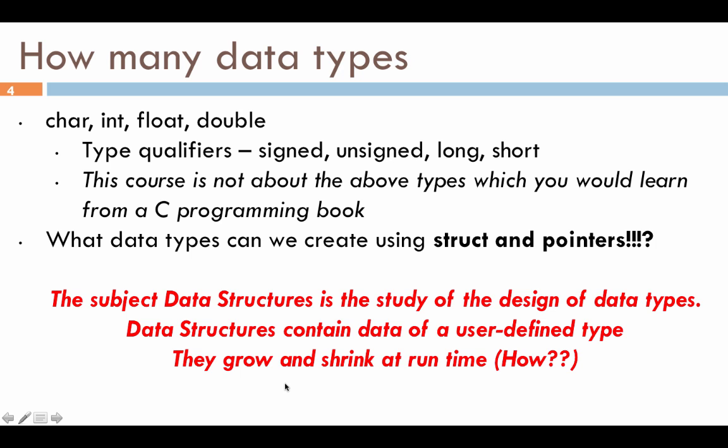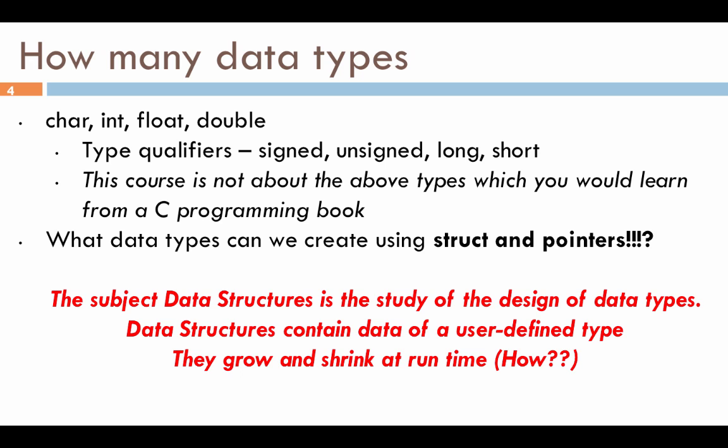Now, what are important properties of data structures? So the first part is very clear. A data structure contains data. Now, if you ask me data of what type, I'll tell you, look, the most important thing is user-defined data type. Then you can ask me, is it only user-defined data type? Then I'll tell you, no, you can also have data of integer type and float types and so on, which are provided by your programming language.